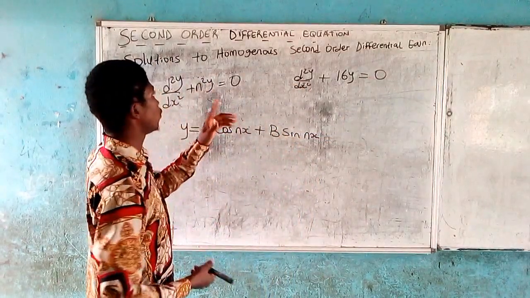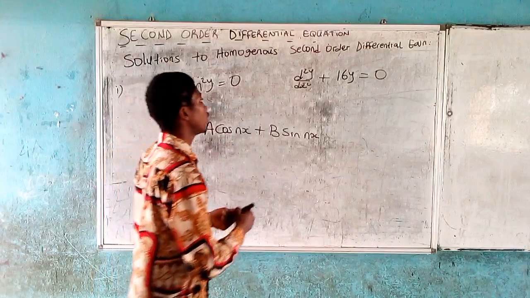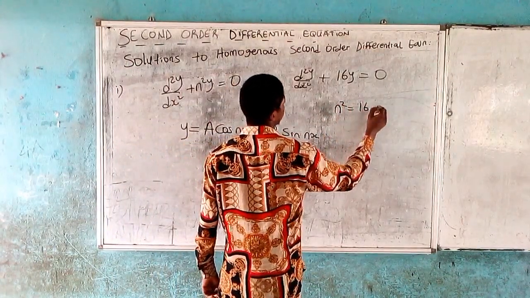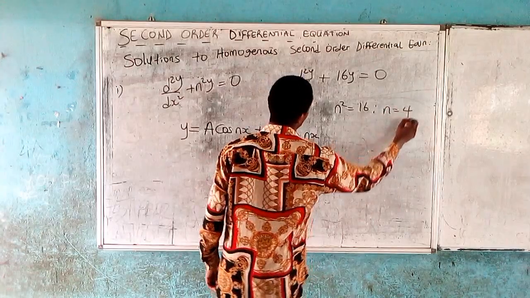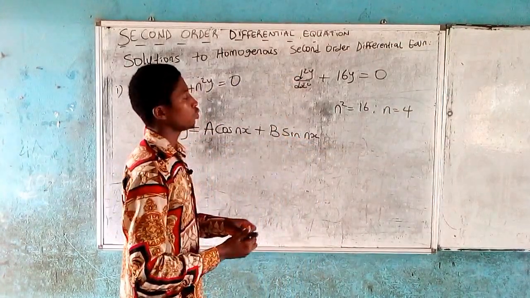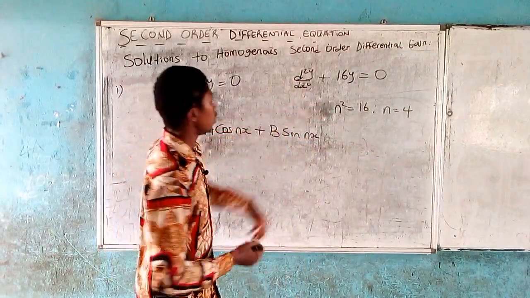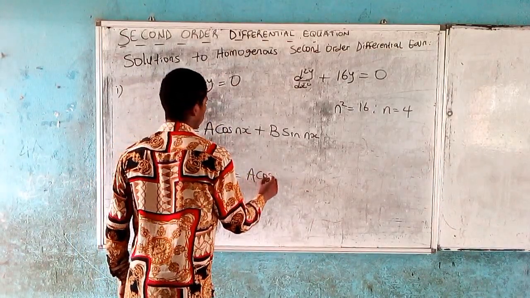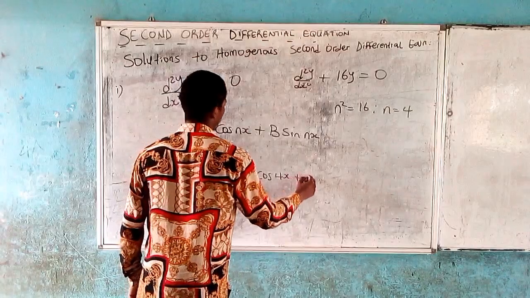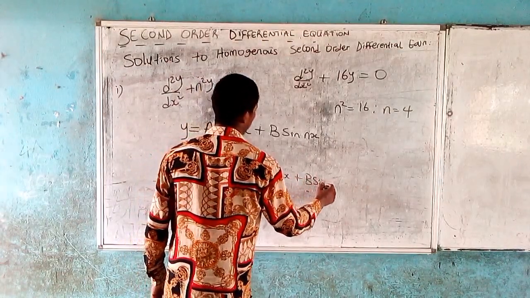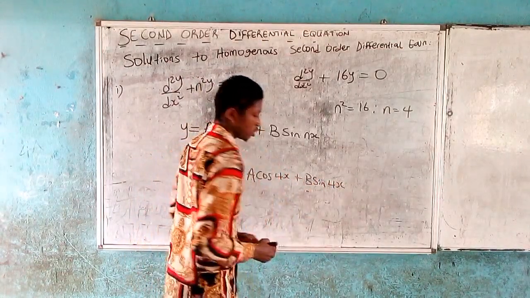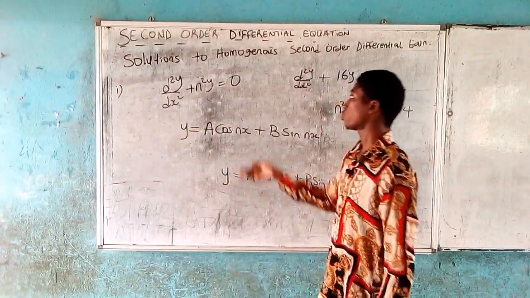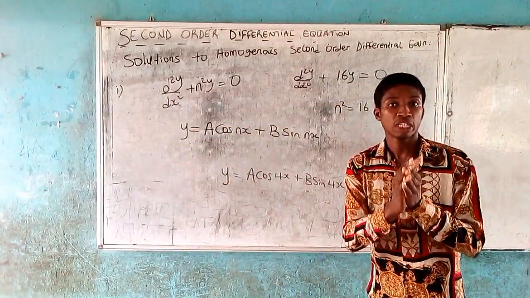Right? So if you do that, what do we have? You know that n squared equals 16, so therefore n equals 4. So the general solution to this is y equals a cos 4x plus b sine 4x, and that is the answer to this kind of second order differential equation.